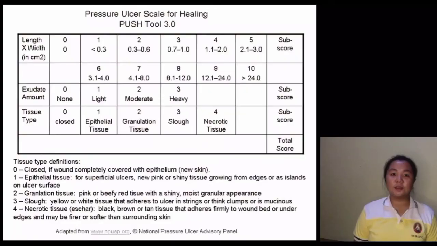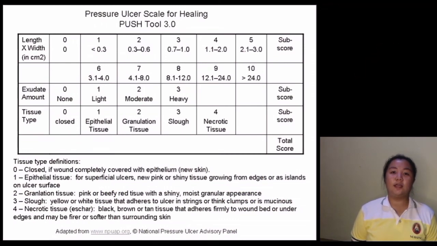Tissue type refers to the different types of tissues found in the wound bed or the ulcer. If there's any necrotic tissue present, give it a 4 on the scale. And 4 is known as eschar or necrotic tissue, which appears as black, brown, or tan tissue that adheres firmly to the wound bed or ulcer margins and may be stiffer or softer than the surrounding skin.